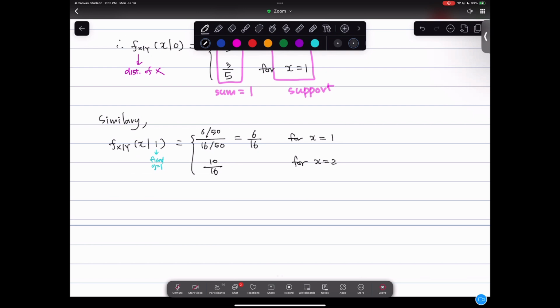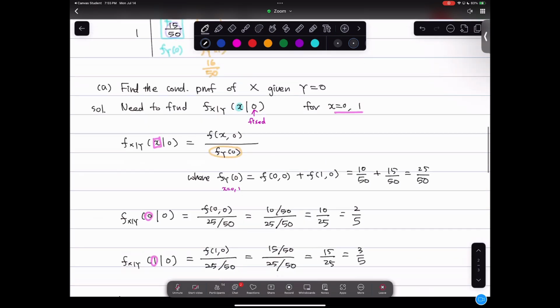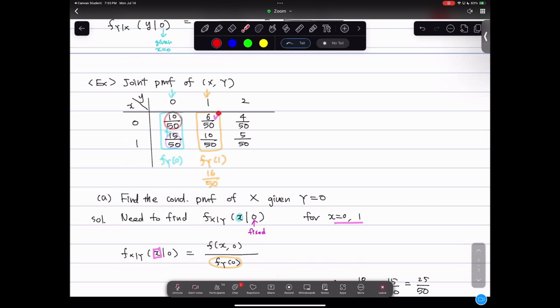Are we good so far? So that's how we do it. What it means is, again, we are looking at out of the total of these two, the total is the marginal. Out of these, how much is that out of the total? That's a conditional. How much is this out of the total? That's a conditional. In the same way, I can do my conditional for the y value of 2, out of these two, how much is that? That's a conditional thing.